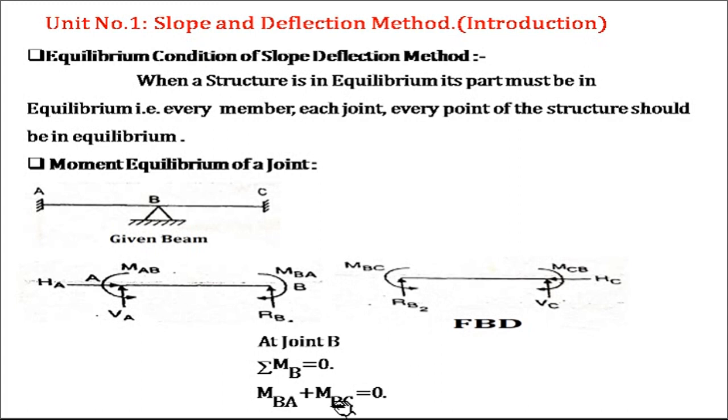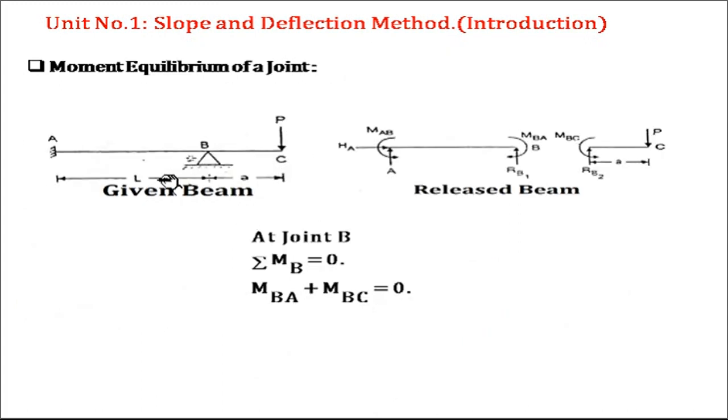So MBA plus MBC should be equal to 0. If we consider the next beam, which is a cantilever beam BC, and if you draw the free body diagram, at joint B, summation of moment at B is equal to 0, that is moment in member BA plus moment in member BC should be equal to 0.